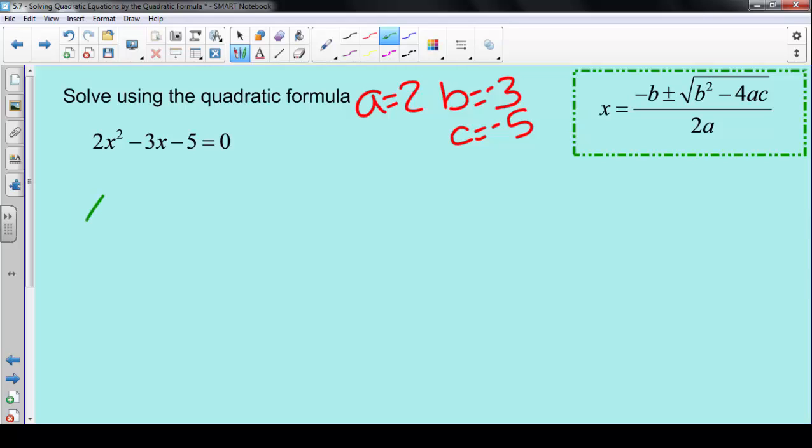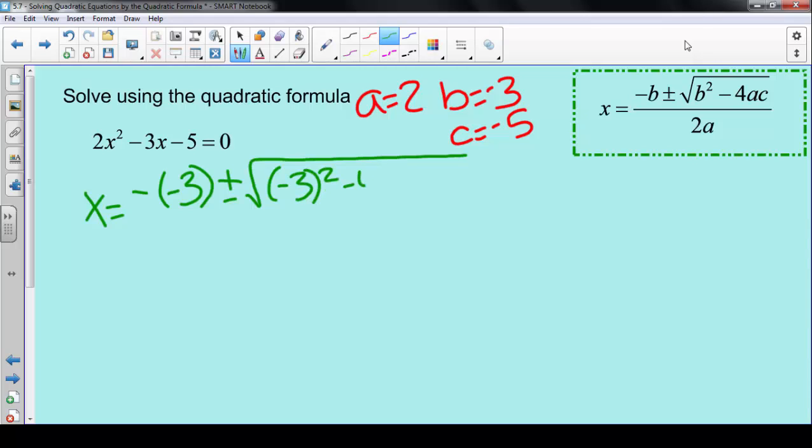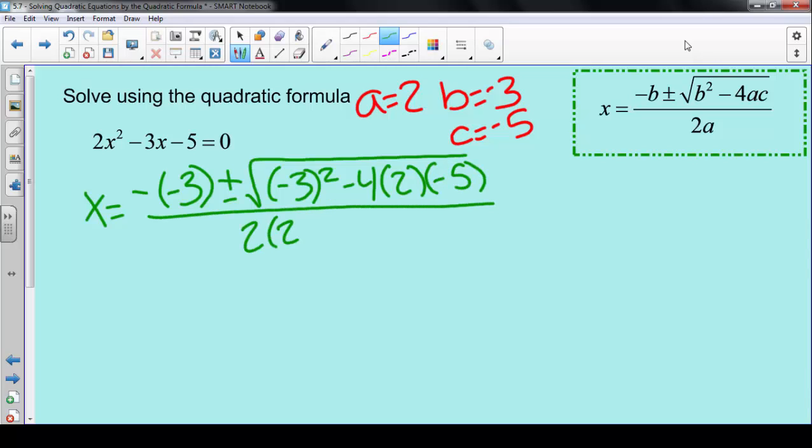So now let's go ahead and substitute into our equation. I tend to write everything exactly as listed here and just use parentheses around each piece. It helps us keep our negatives straight. So we have -3 plus or minus square root b squared, so -3 quantity squared minus 4 times a times c, all over 2 times a.